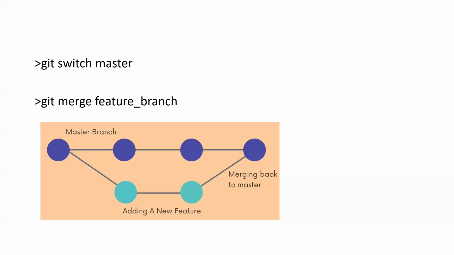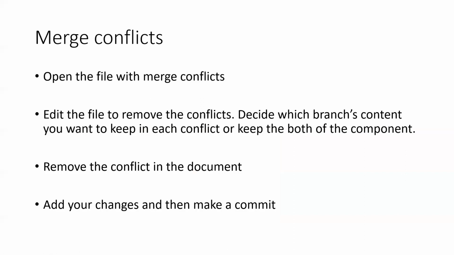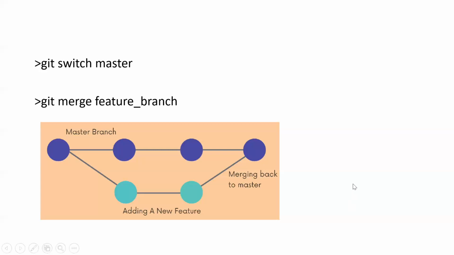Now a quick thing. What is a merge conflict? Suppose I was developing the code for a particular single file, and the same file was handled by another developer, maybe in another feature branch. They pushed the changes here.